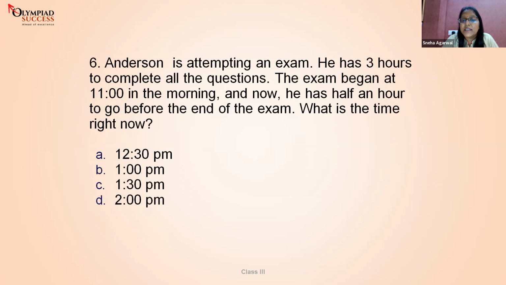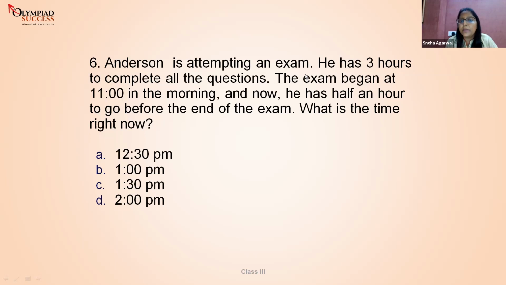Anderson is attempting an exam. He has 3 hours to complete all the questions. As I told you, we always have a time limit whenever we attempt an examination, right? Here also Anderson has a time limit of 3 hours. He needs to complete all the questions within that time limit.